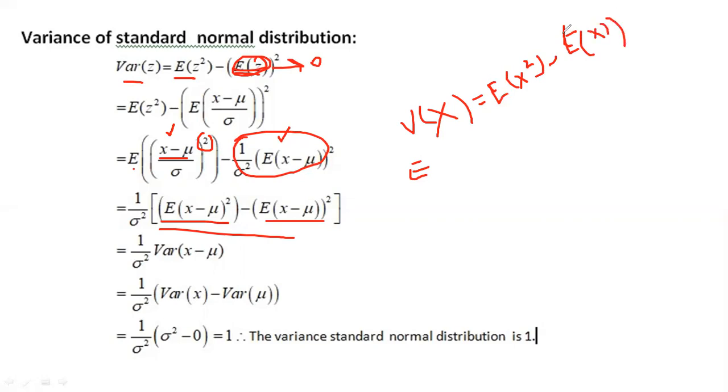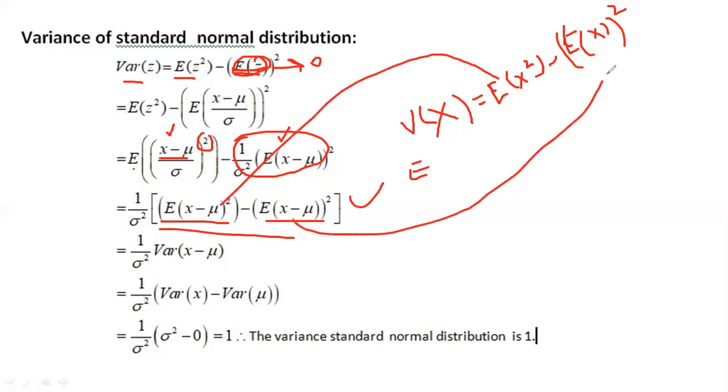So this is expectation of x square, and in the same way expectation of x minus mu whole square. We can write this as variance of x minus mu, which is variance of x minus variance of mu. Variance of x is sigma square, and mu is a constant, and the variance of a constant is 0.